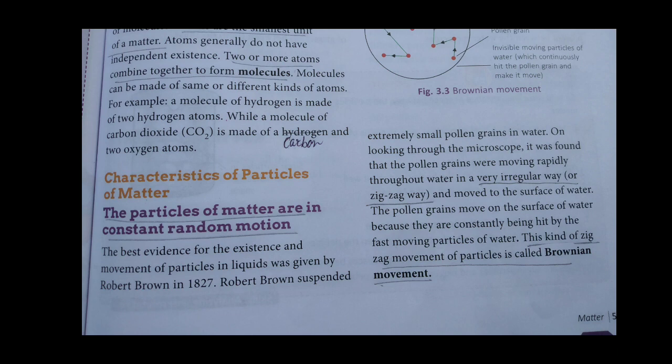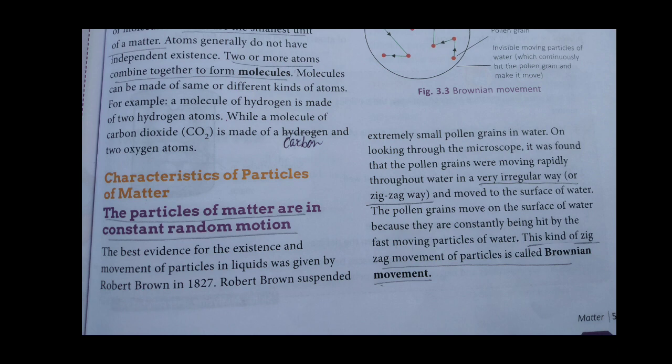Student, apart from my explanation, I am also underlining it so that you can write it in the notebook as well as understand. See the screen, last line: zigzag movement of particles is called Brownian movement.